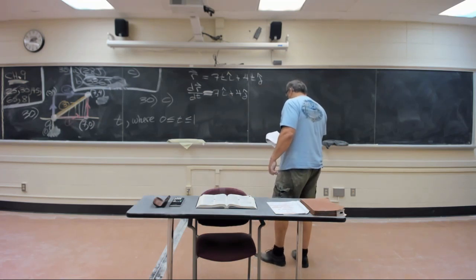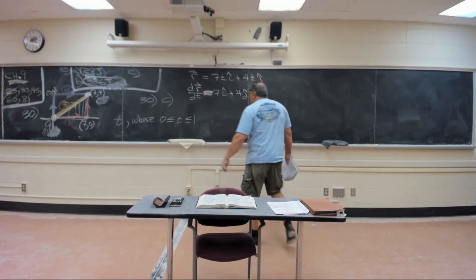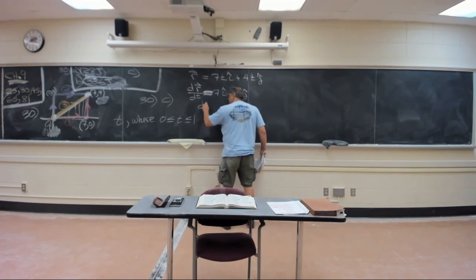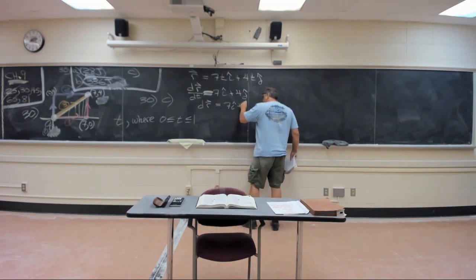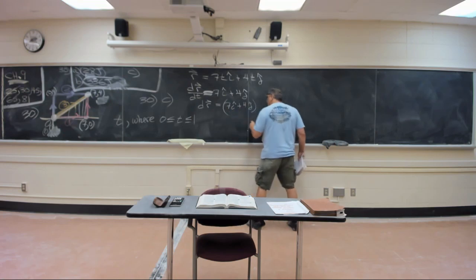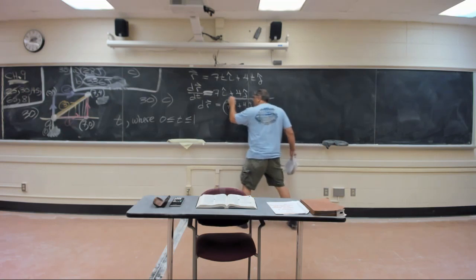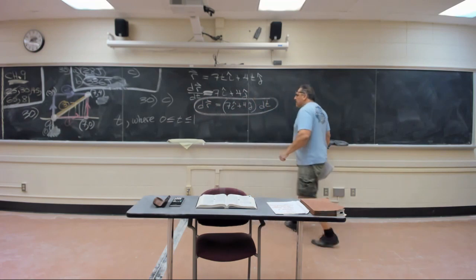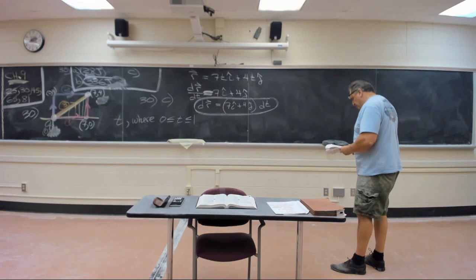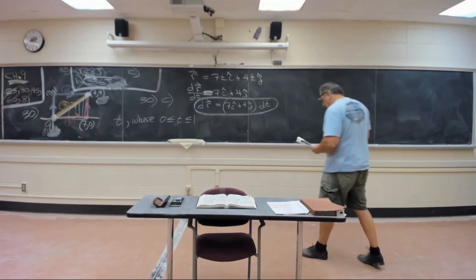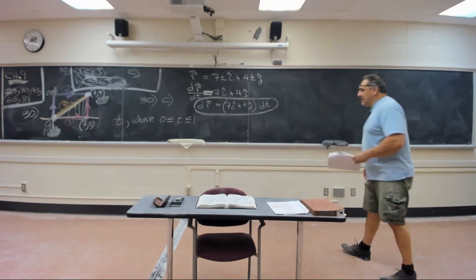Yes, true. And if you multiply by dt on each side, you get (7i hat plus 4j hat) dt. Okay, yeah, that sounds pretty good to me. I think this is the way you're going to take it.